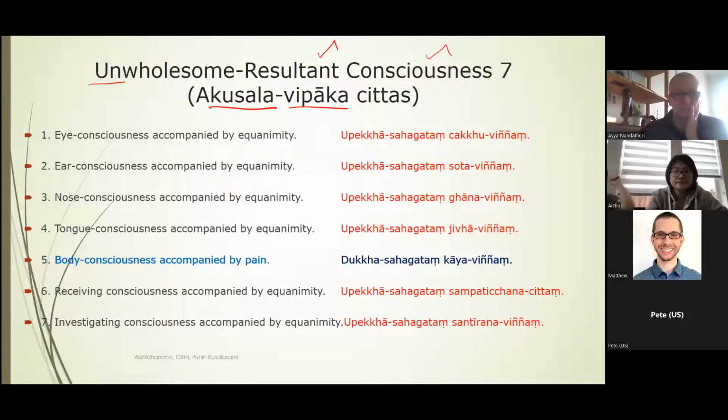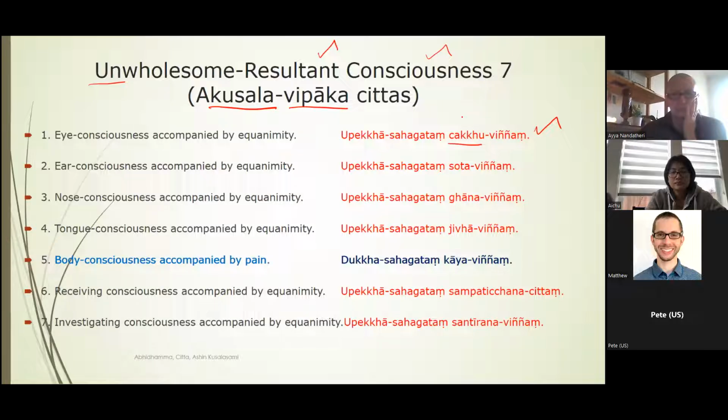The first cheta is eye consciousness accompanied by equanimity. If you want to learn it in Pali, you can see here: Upekkha sahagatam cakkhu vinnanam. In English, eye consciousness accompanied by equanimity.